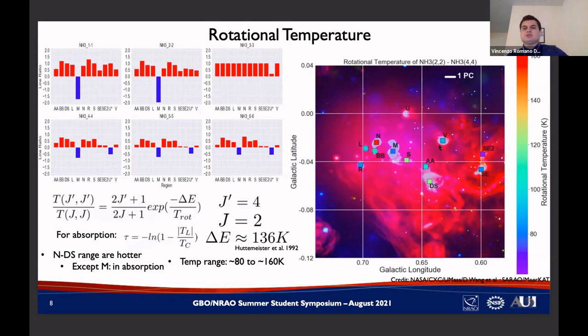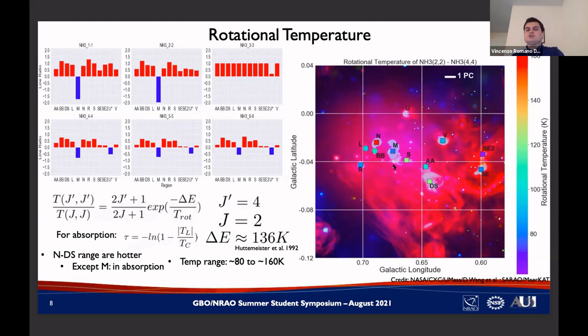Looking at this image on the right, we see a color bar that corresponds to the rotational temperature of the various regions throughout Sagittarius B2. We expect the inner regions of the cloud to be hotter, and as we gradually go out to the outskirts, to cool off.